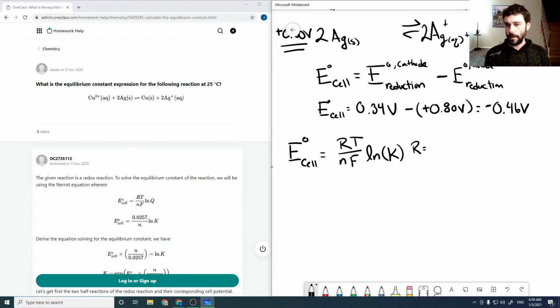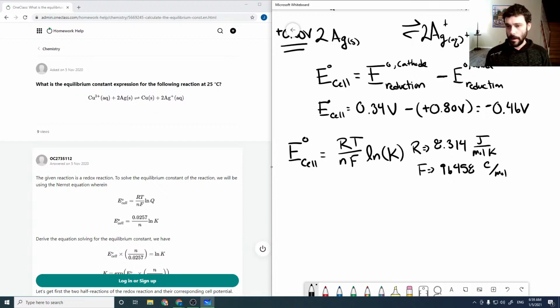R is our gas constant, which is 8.314 joules per mole Kelvin. F is Faraday's constant, which is 96,458 coulombs per mole.